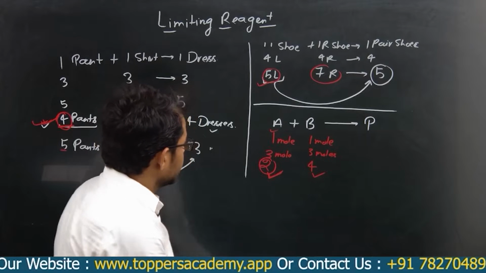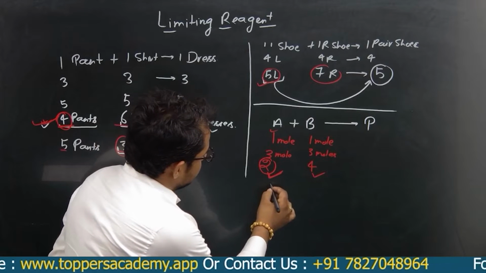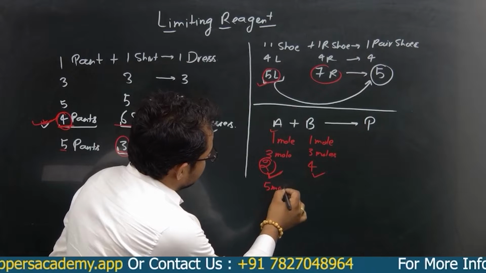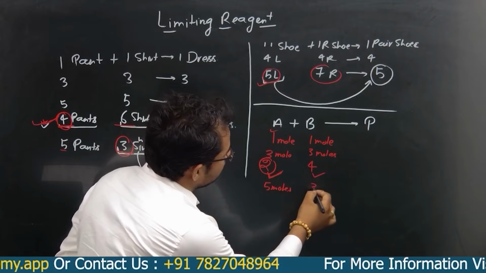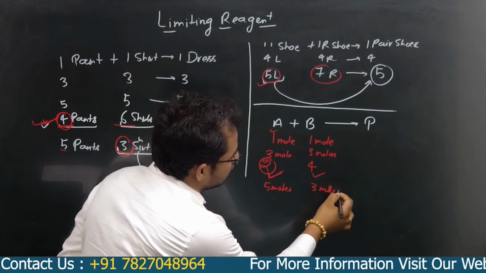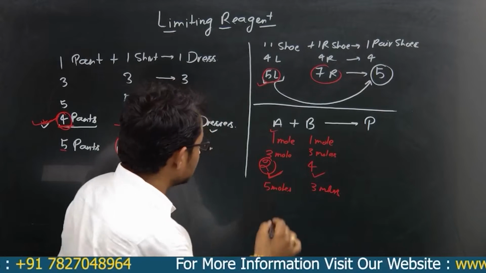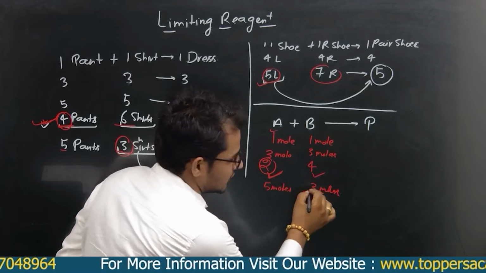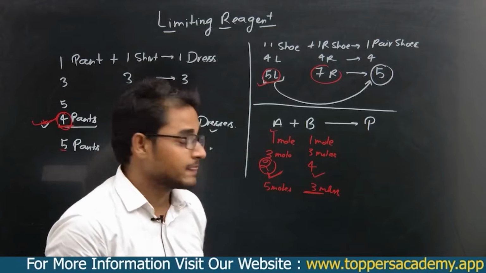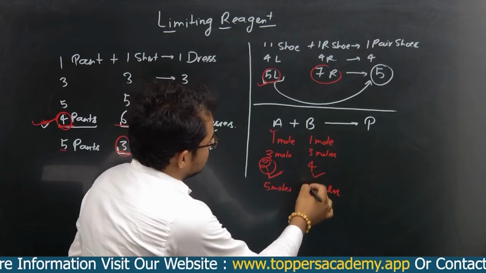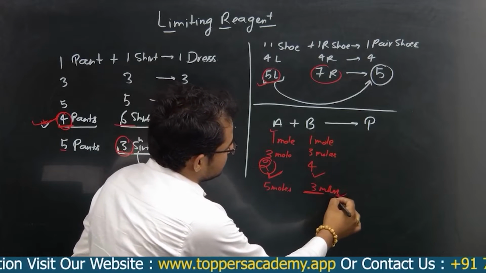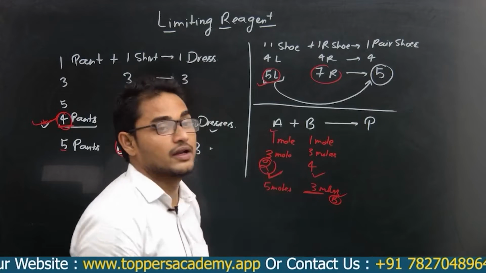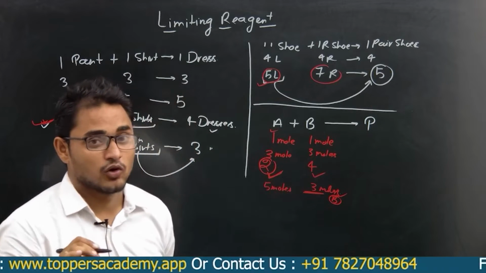Suppose I am taking 5 moles of this and 3 moles of this. Now the lesser number is 3 moles. Between 5 and 3, 3 is lesser, so the limiting reagent in this case is B, and it will decide the amount of product.